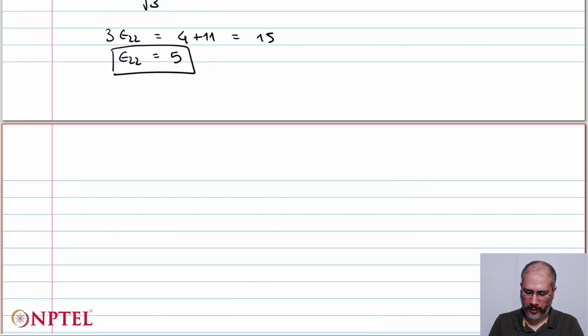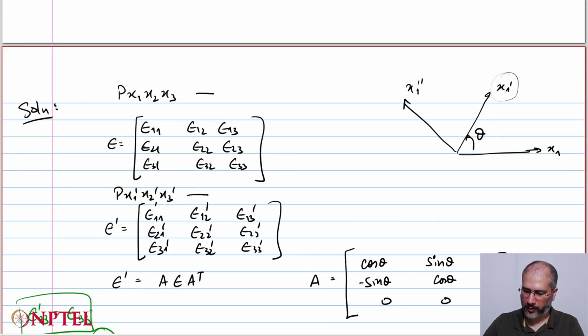Next we have to find epsilon 2 2 prime. So if you look at the figure here, then x2 prime is at 90 degrees to x1 prime. So this is my x2 prime direction.